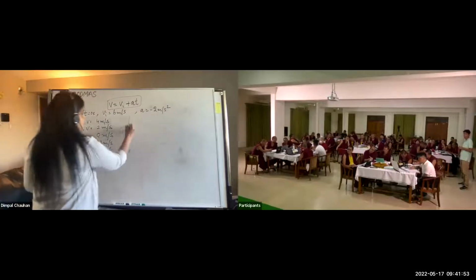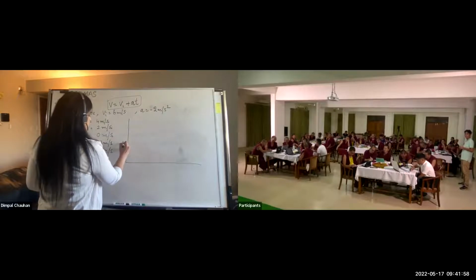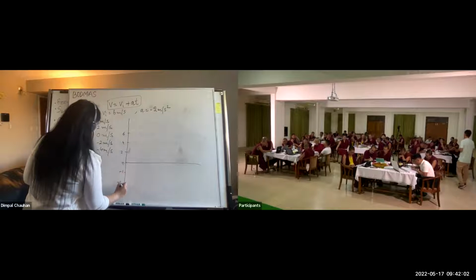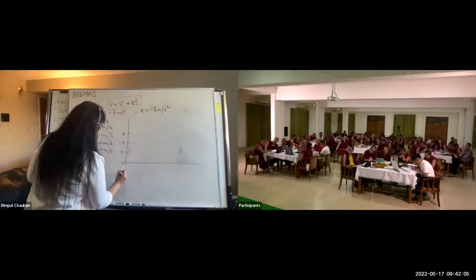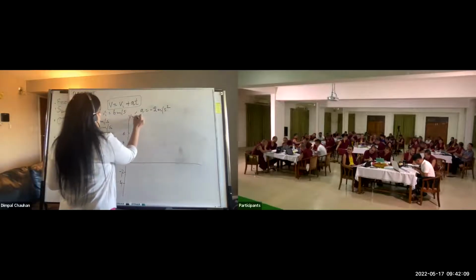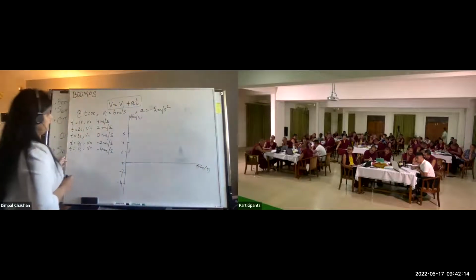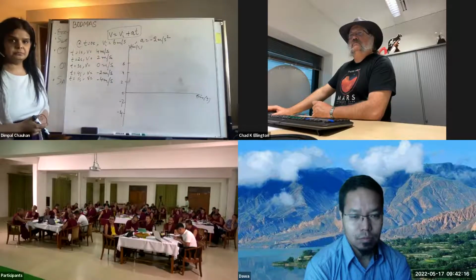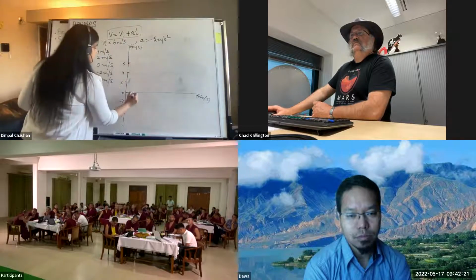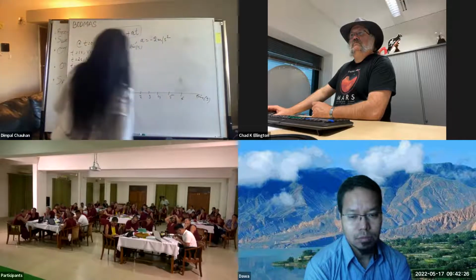So the graph will look something like this. If this is the velocity and this is the time, how will I draw this graph now? At t equals 0, it was 6. Right?